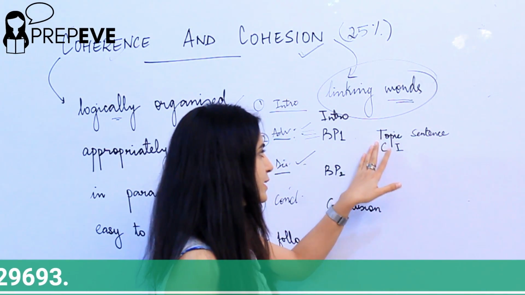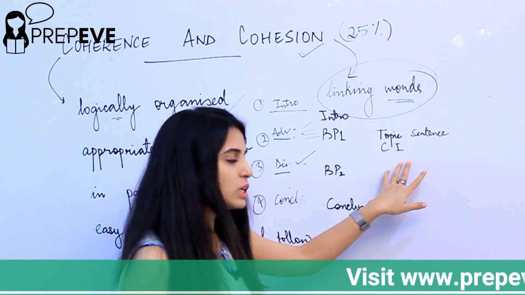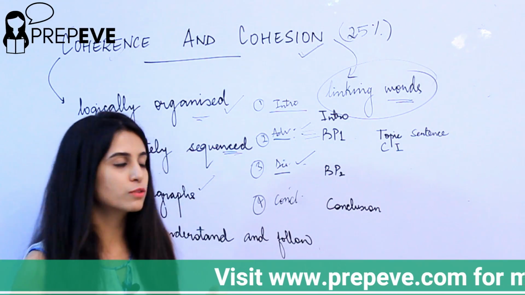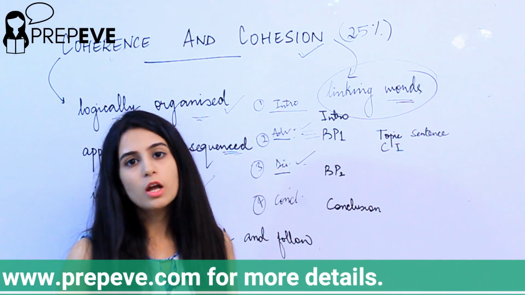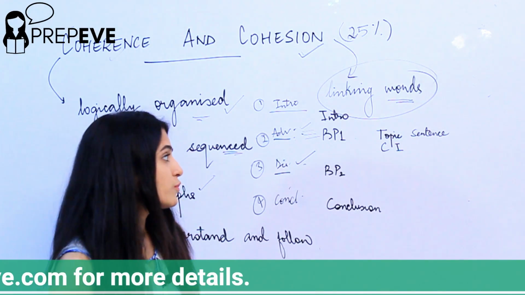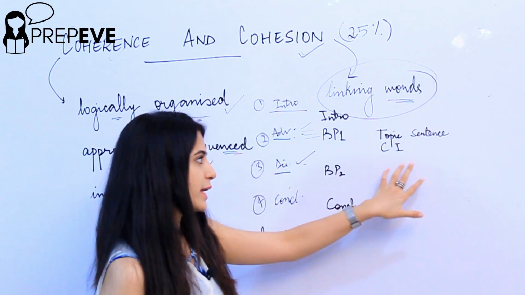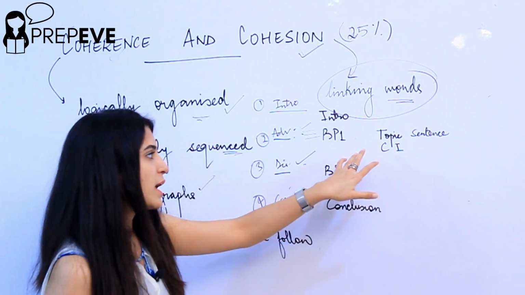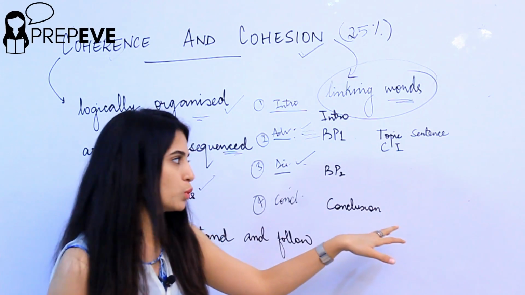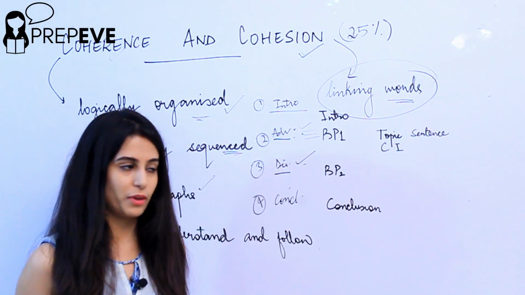So the topic sentence should be followed by examples, which can be your personal experiences or facts or evidences from a book or internet that you have heard or seen. So you can support your topic sentence or controlling idea with your personal experiences, evidences from different books, or any fact that you have read in a newspaper or heard from somewhere.